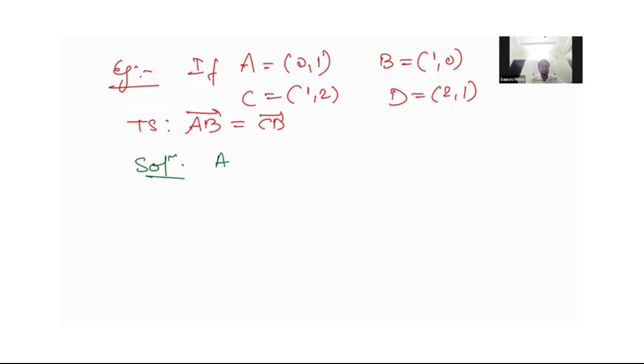So we have to find the AB vector. In this whole picture you have been given only the coordinates in Cartesian form, but we don't know the vector form, so we will deduce the vector form.